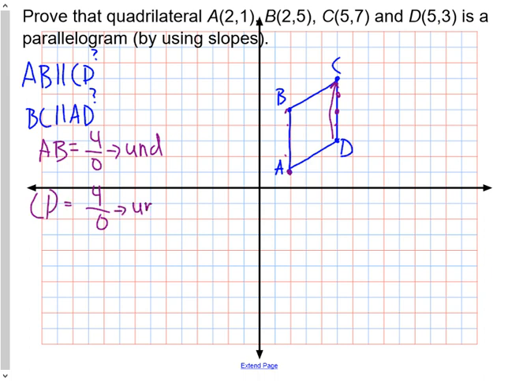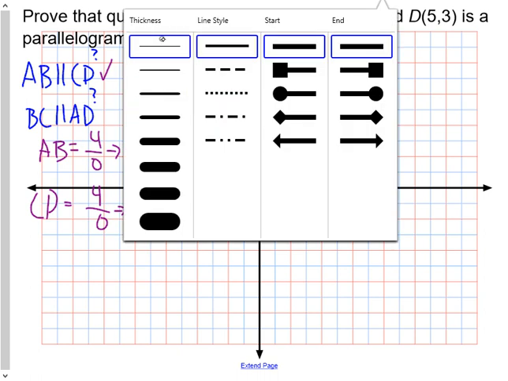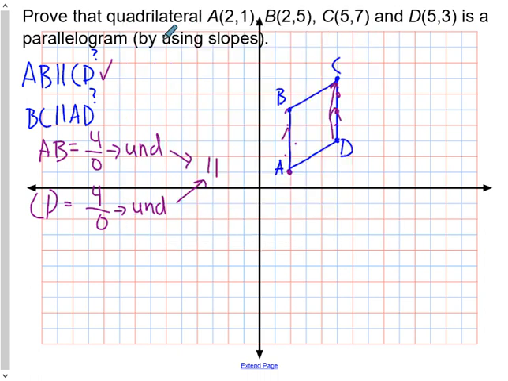So those are parallel. So we did AB parallel to CD. Check. 2 more lines to do. I just showed those are parallel. So for my next set, I'm going to do BC, which I'm counting. We go 1, 2, 3 over, 2 up. So now I have 3 over, 2 up on top. And then doing the same thing with AD.